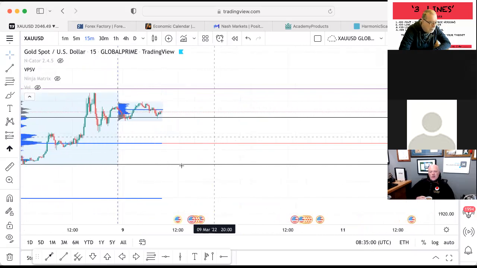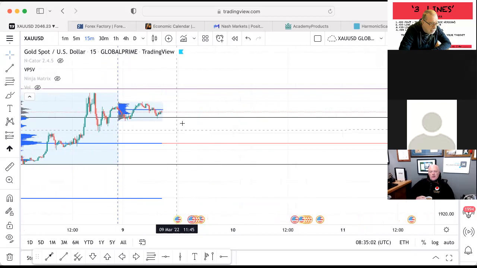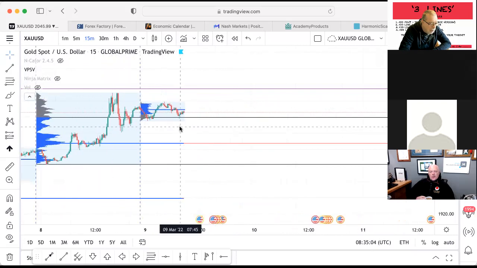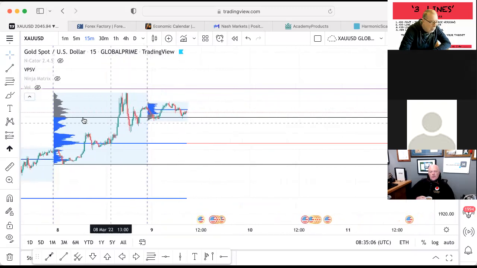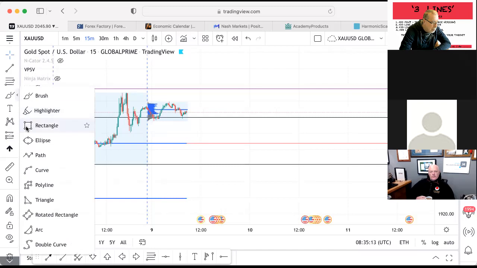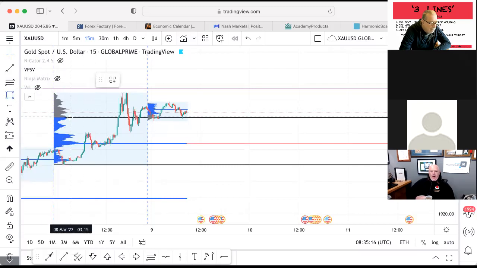And the first thing I notice is that price is currently outside the field of play. So one thing I do like to put on here is a bit of a background on this area here, just to make it a bit more visual.